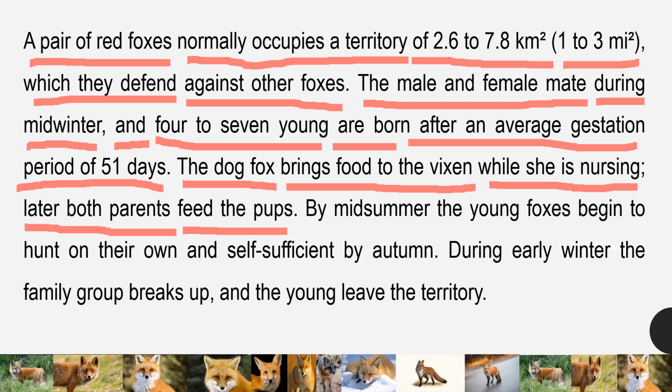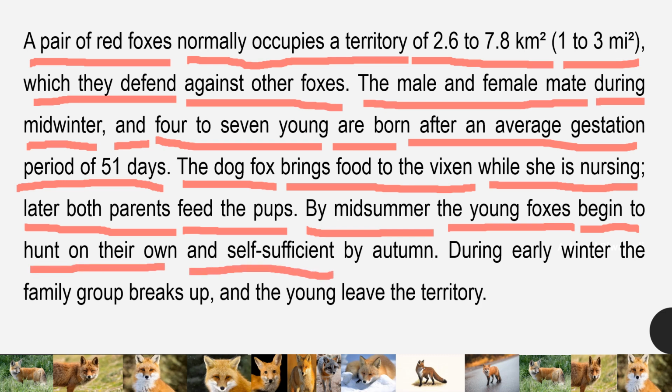By midsummer, the young foxes begin to hunt on their own and are self-sufficient by autumn. Pada pertengahan musim panas, rubah-rubah yang masih muda mulai berburu sendiri dan bisa mandiri mencukupi kebutuhannya pada musim gugur.